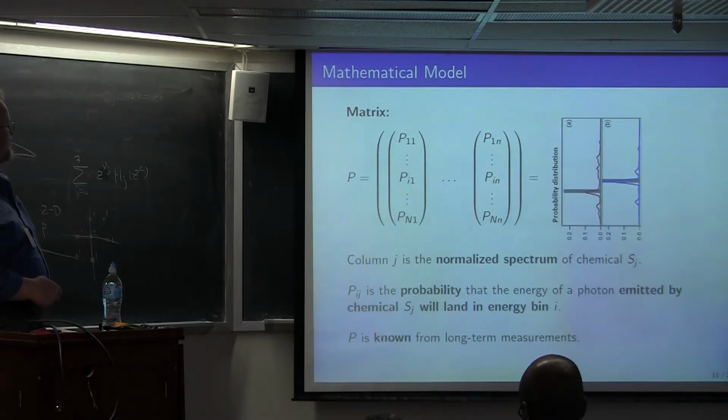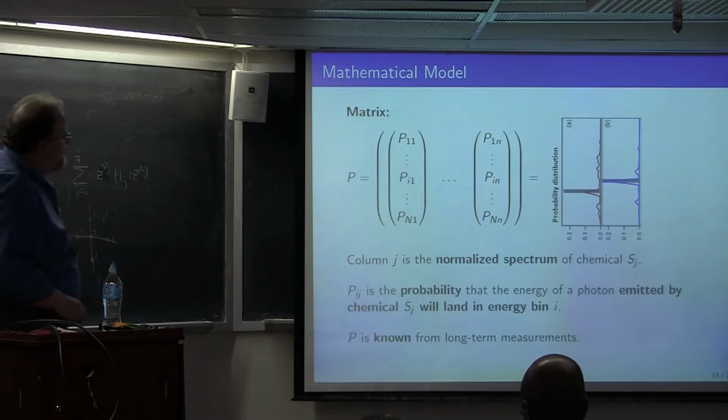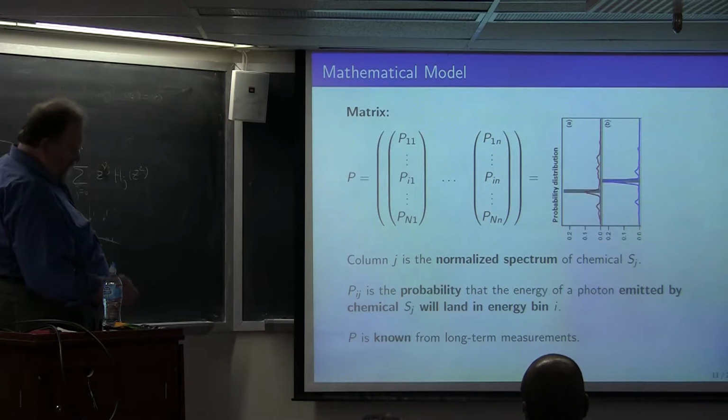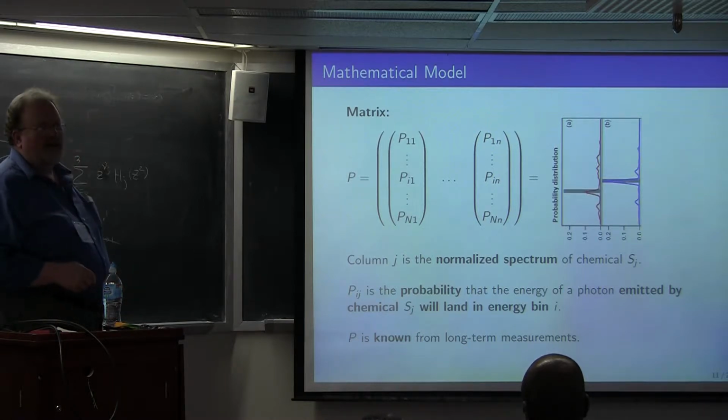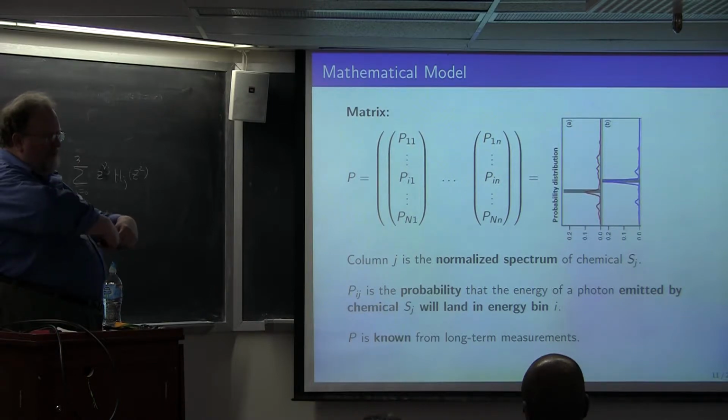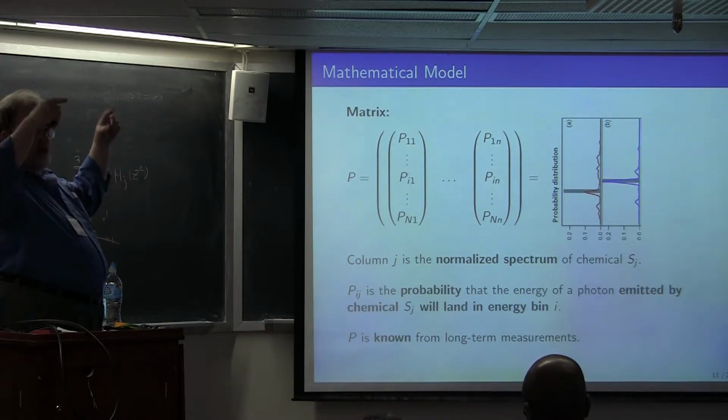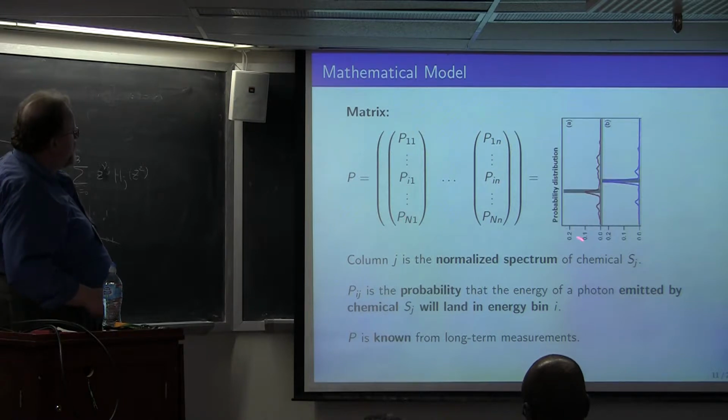So let's see, here's the map. I'll tell you the formulation. This is like a mixing problem. You mix the chemicals together, and then what you want to do is demix the photons. You want the rates. So each column in this matrix P is a probability distribution. This is the one for acetone, this is the one for benzene.